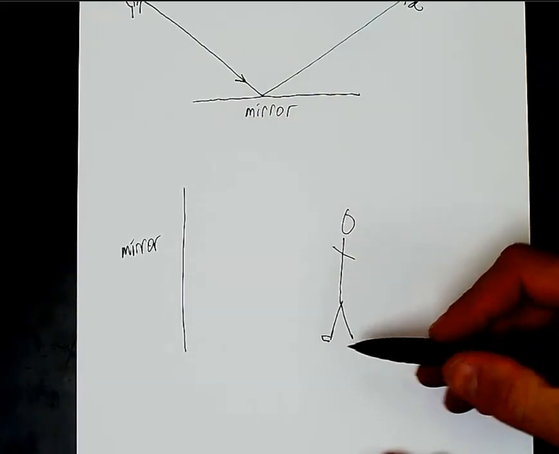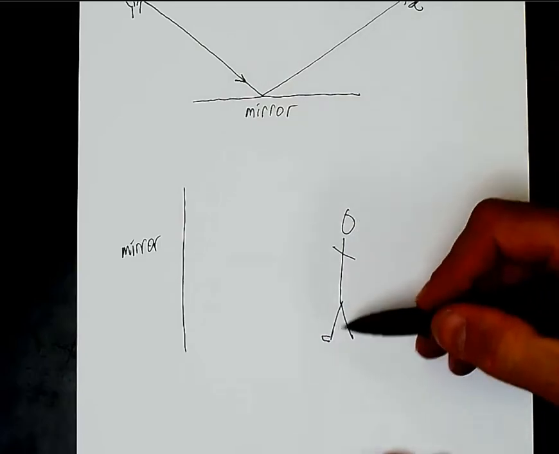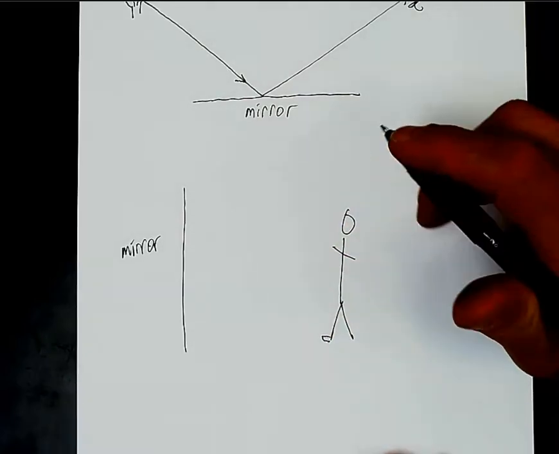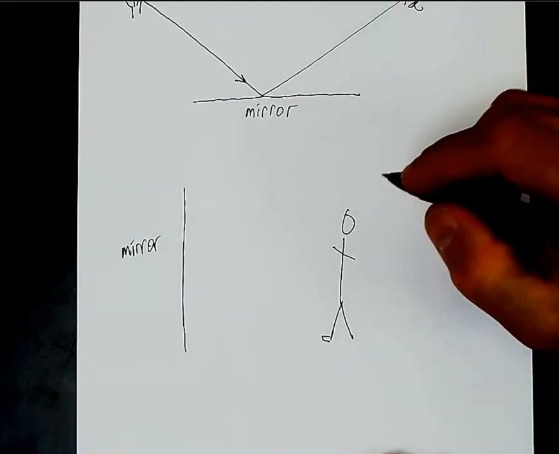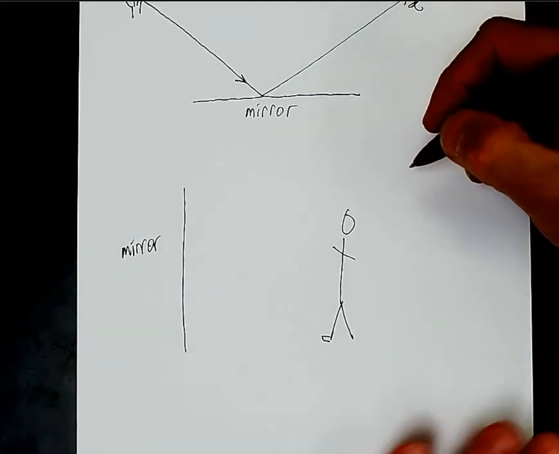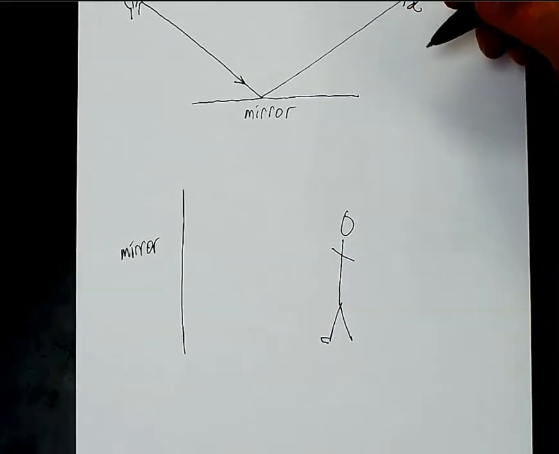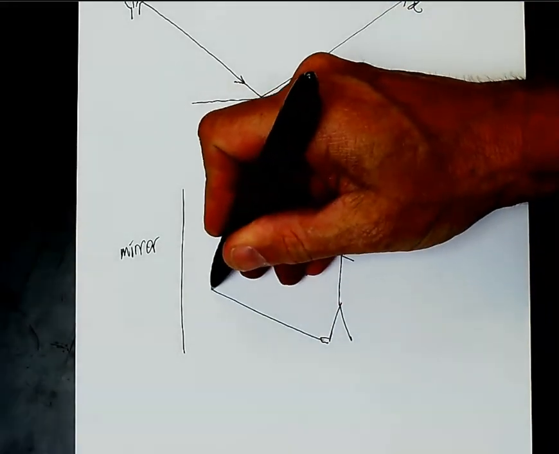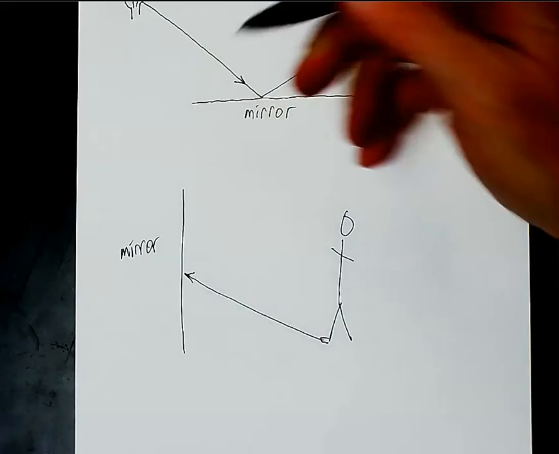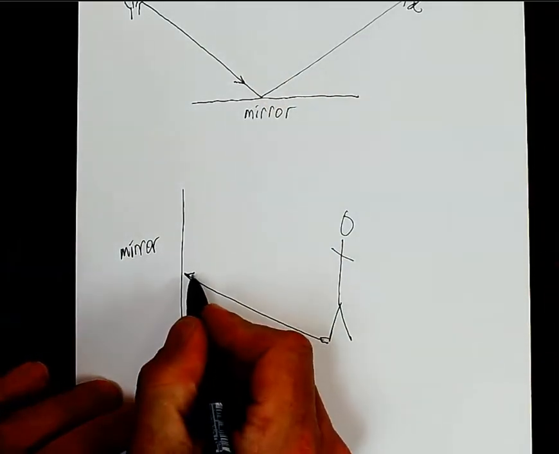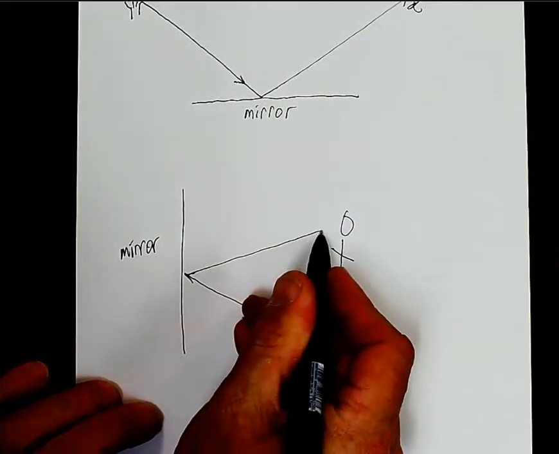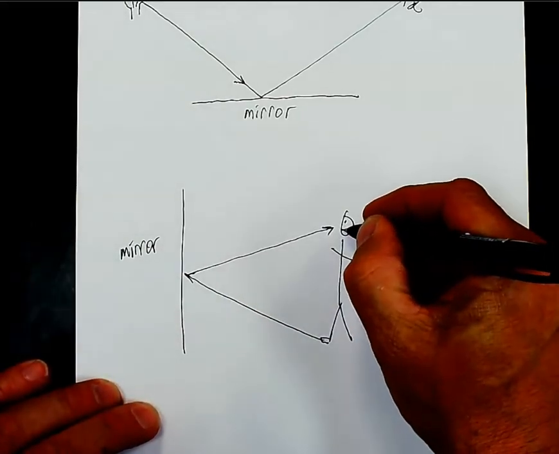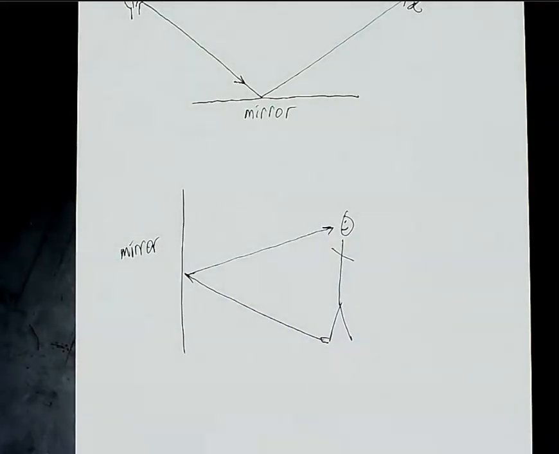No matter where you stand, anywhere near me, you would see my foot because light is striking my foot and traveling off in all directions. But all I care about is the light that comes into my eye. So I am going to draw the ray, the light from my foot, and hits the mirror, reflects off the mirror, and goes to my eye. All right?